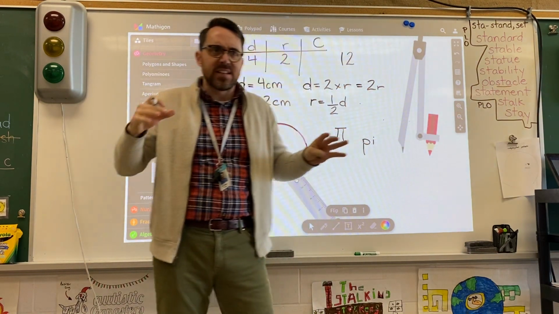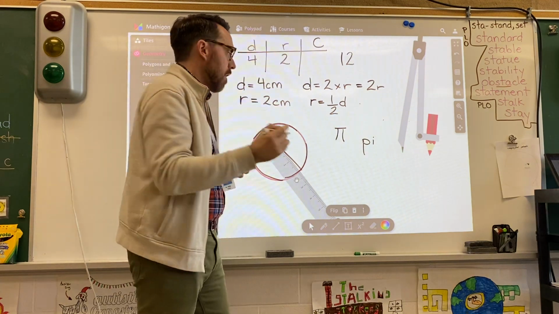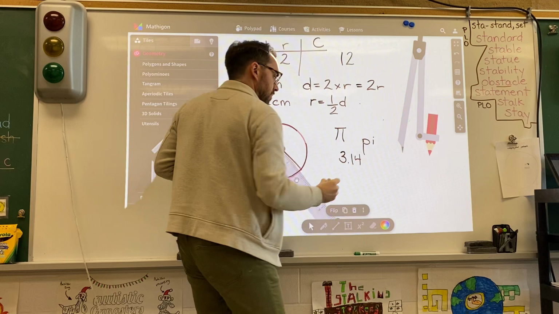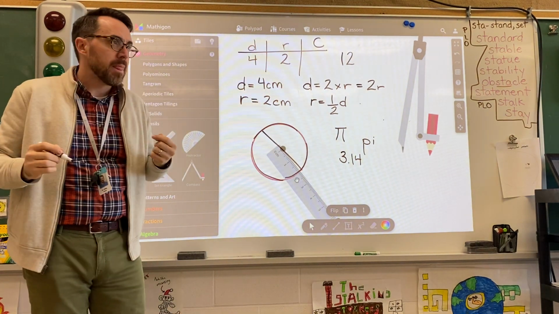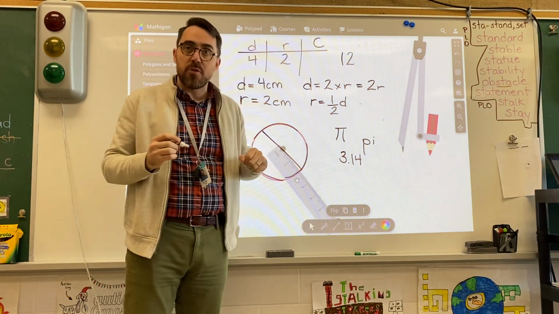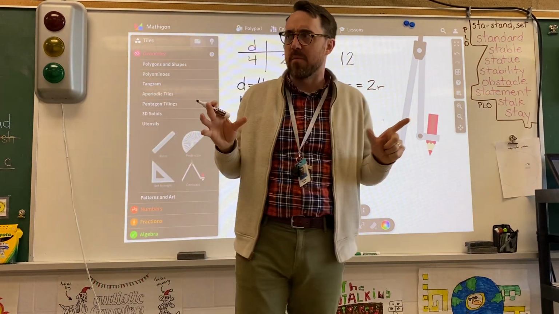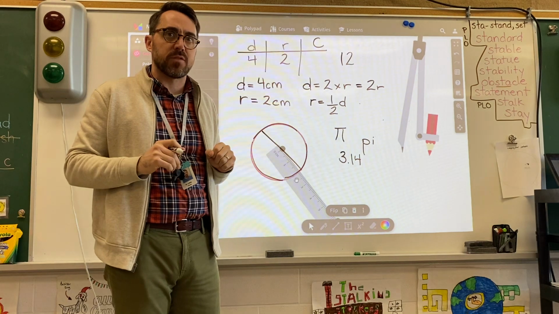It isn't like a nice, clean, regular number. We often show it to equal 3.14, which you might notice, Owen, is a bit more than 3. And it's a special kind of magical math number that we can use to help us figure out circumference.